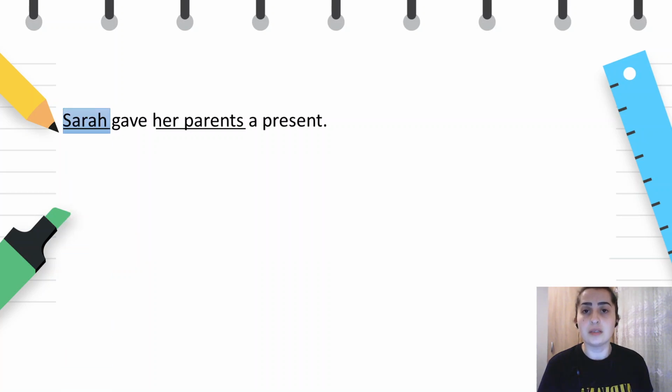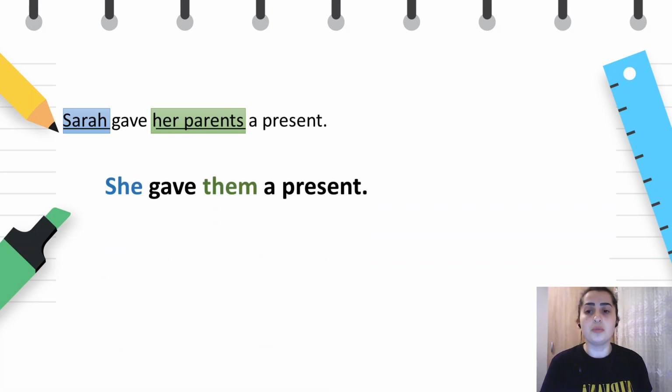Sarah is the subject of the sentence, while her parents is the object of the sentence. Sarah is the one doing the action, she is giving the present, and her parents is the object, they are receiving a present. Now decide which pronouns you would use here, and the sentence should be: she gave them a present.